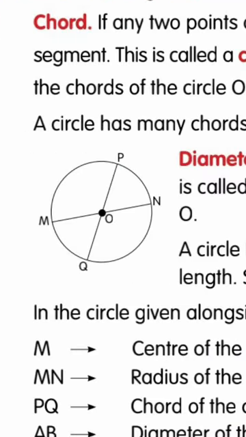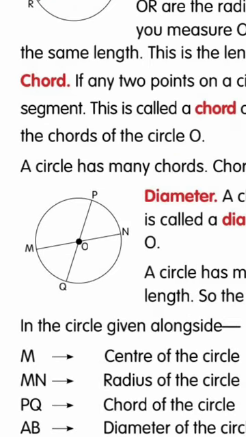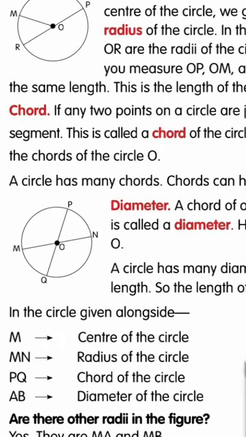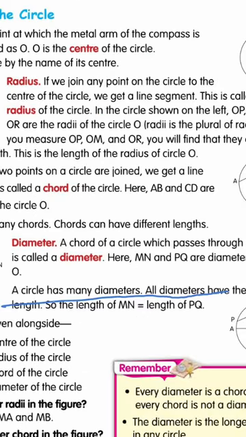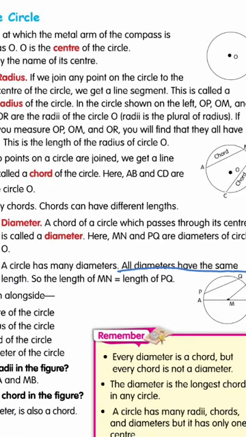Here, MN and PQ are two chords passing through center O, so these are called diameters of circle O. A circle can have many diameters. All diameters have the same length. So, the length of MN is equal to the length of PQ.